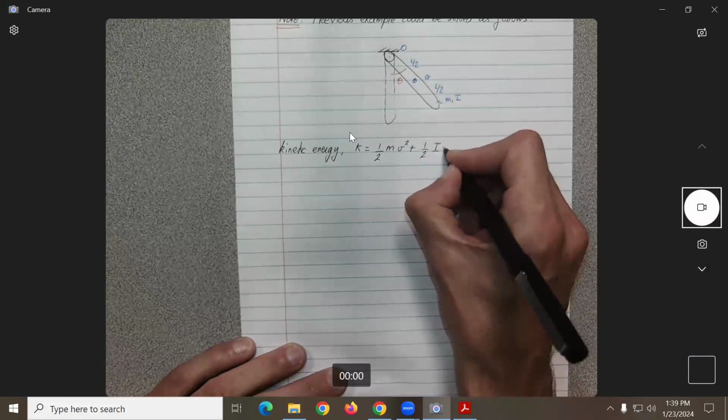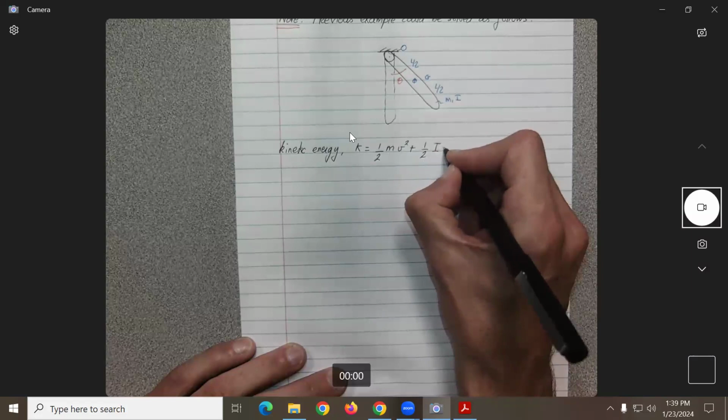Okay, so basically this equation will now become K equals 1/2 m x dot squared plus 1/2 I sub G theta dot squared.